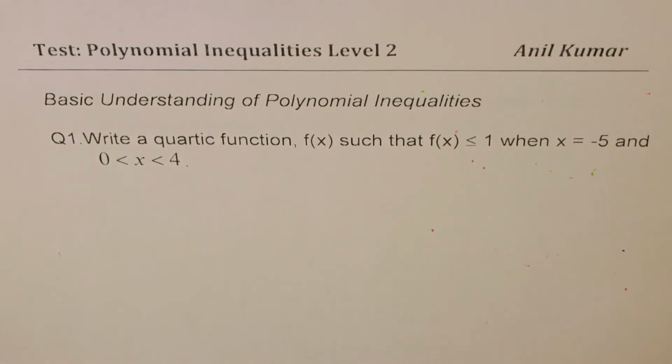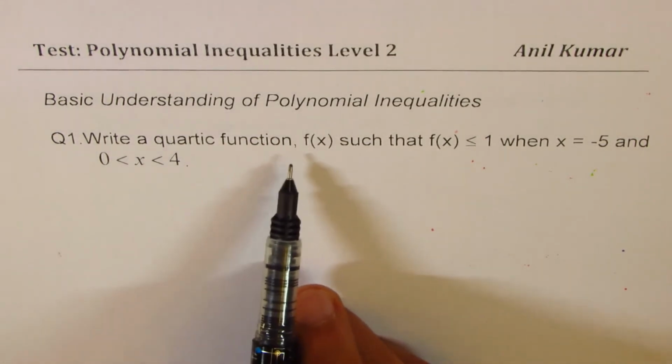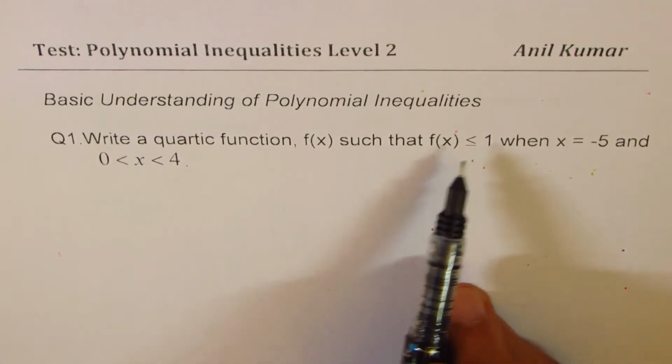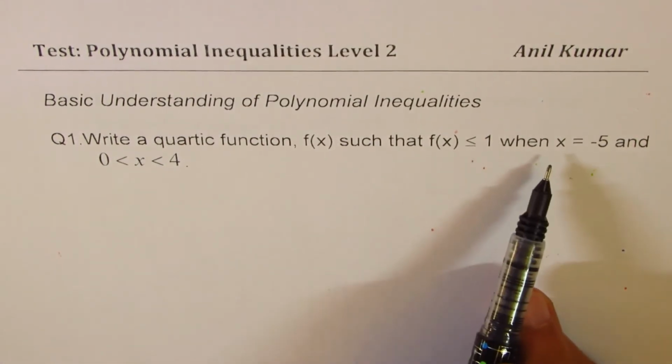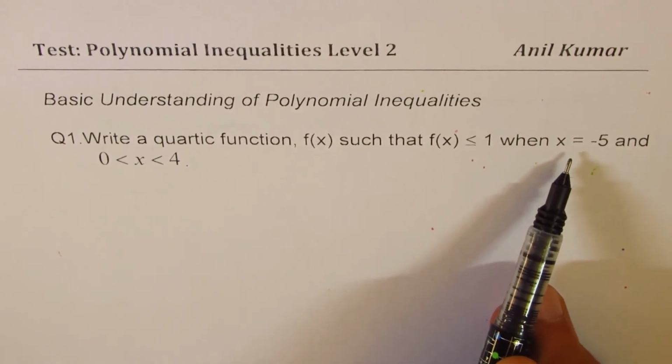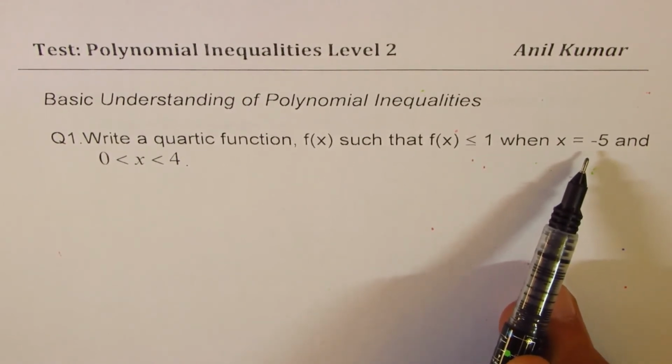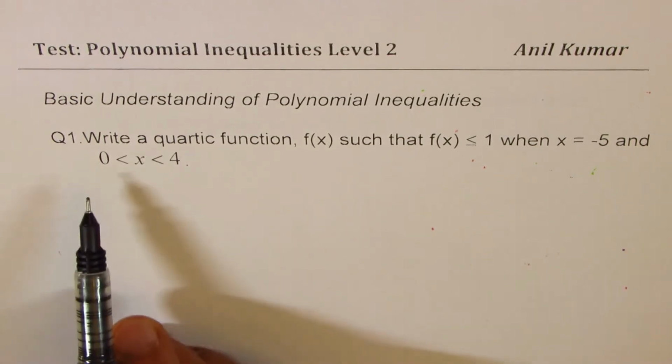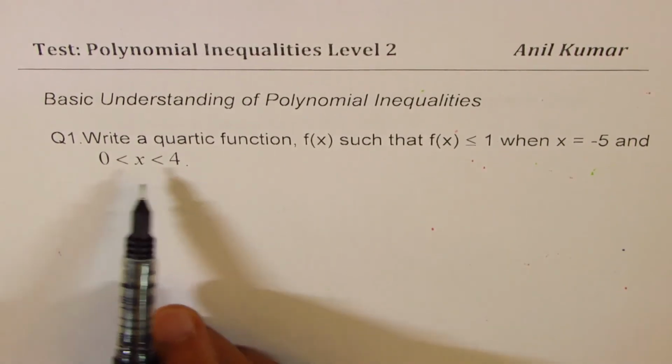Okay. So the very first question here is, write a quartic function f of x such that f of x is less than equal to 1 when x is equal to -5 and x is between 0 to 5.